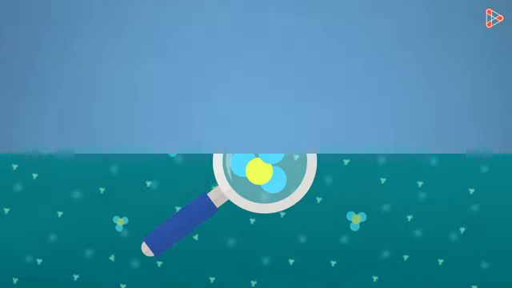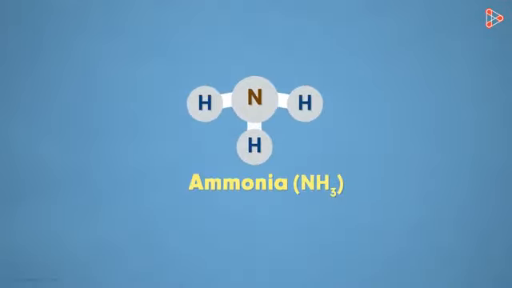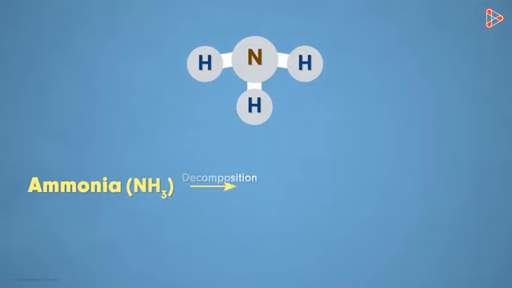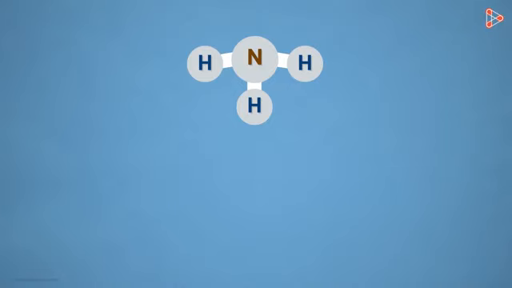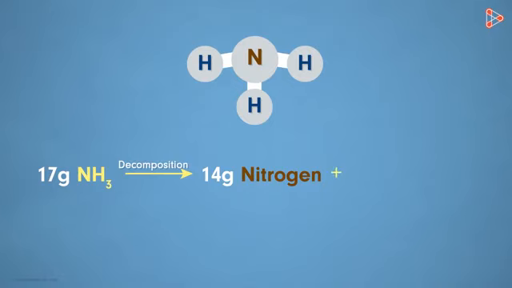Absolutely. The best example to study this is that of ammonia. If we decompose ammonia by any means, say by extreme heat or some other way, then we get the nitrogen and hydrogen atoms in the same proportions by mass. So let's say we take 17 grams of ammonia. If we decompose it, then we will get 14 grams of nitrogen and 3 grams of hydrogen.